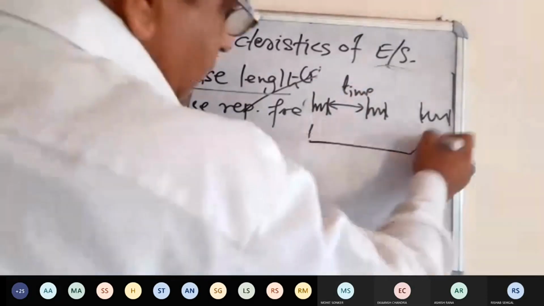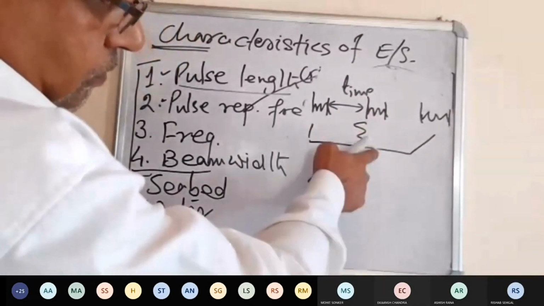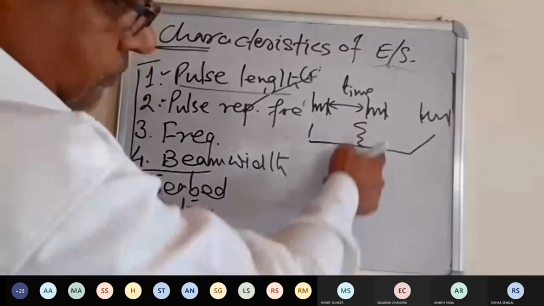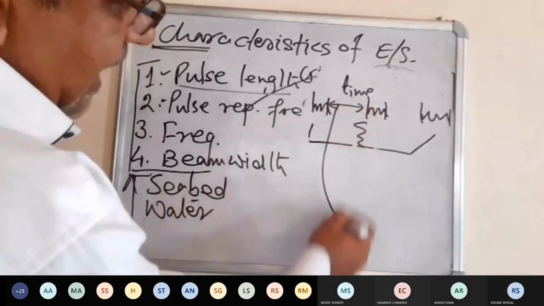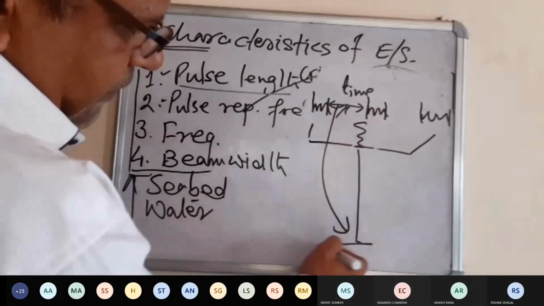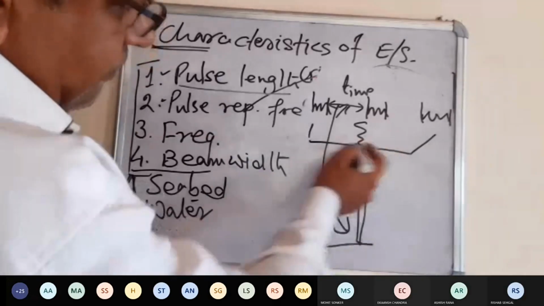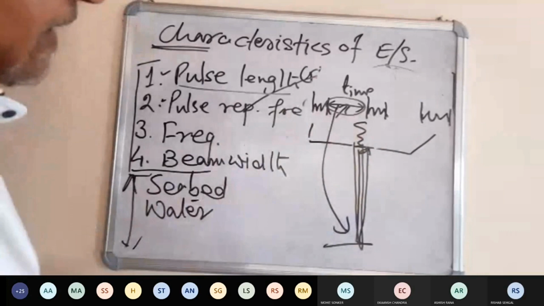When the pulse is being transmitted, dot, dot, dot. This is the time allowed for it to go all the way down and come back, traveling down and coming up.